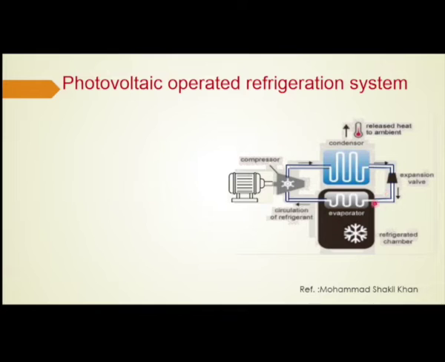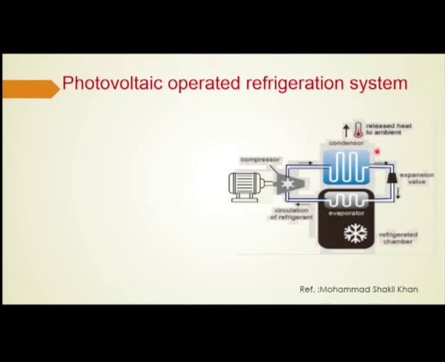Here, this is the refrigeration unit. We will be having a DC motor, because we are getting a DC output from the PV panel. The DC motor is attached to a compressor, and we will be having a refrigerated chamber, condenser and expansion valve.